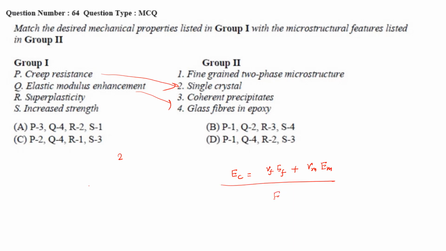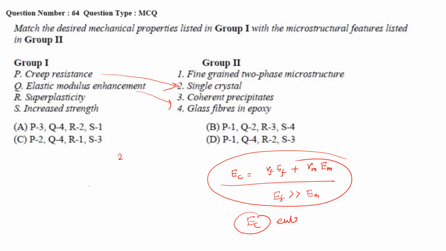And since EF is much greater than EM, this complete EC gets enhanced, right? That means the elastic modulus is enhanced. In the case of glass fibers, this is nothing but a composite, right?